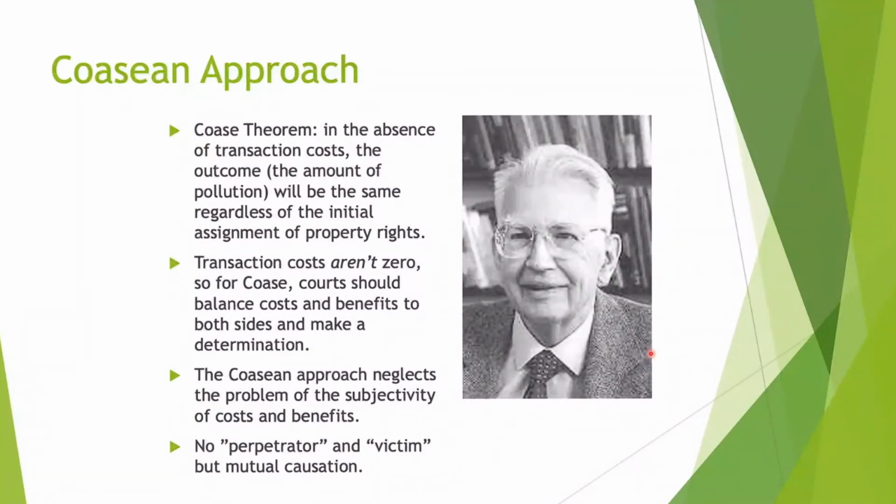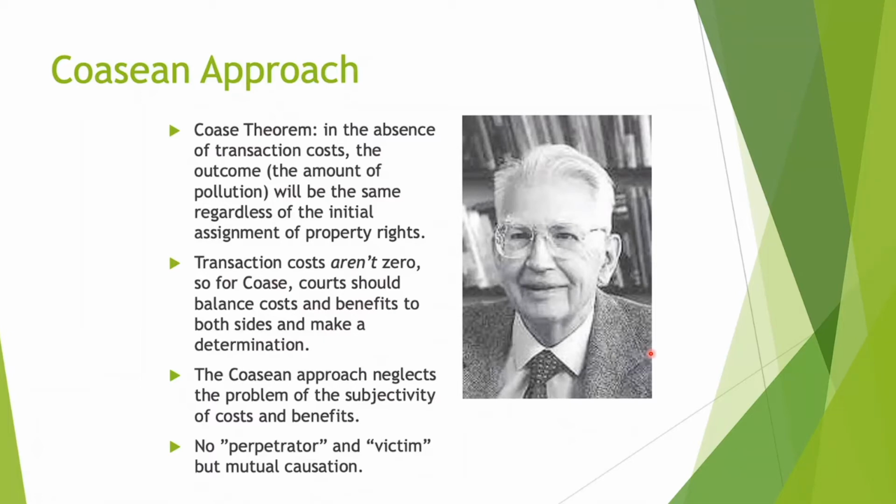In Rothbard's framework, you do. In Rothbard's framework, you have the person who owned the property, and then someone else comes along and violates that by dumping pollution onto it. In the Coasean approach, you've got the idea that both parties caused the collision. Both parties caused the externality to exist.